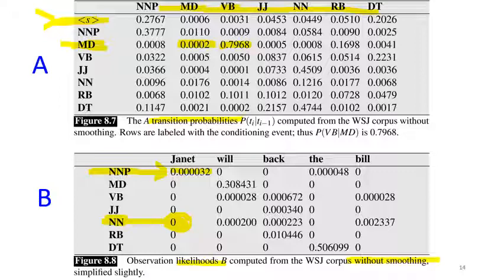So we have 2 tables here. The first table is the transition probabilities, and the second table is the emission probabilities. Transition probabilities show the probability of moving from one tag to the other tag. Emission probability shows that if we have a particular tag, what is the probability that it will produce a particular word.